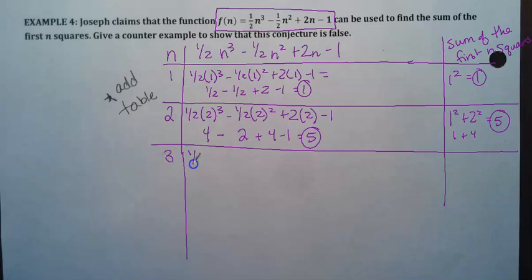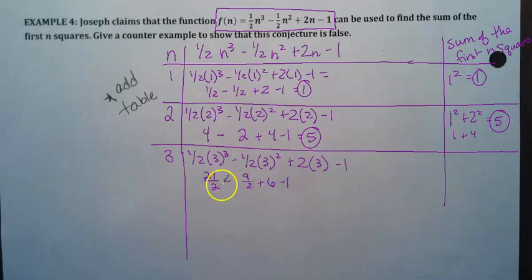All right, so we're going to have 1/2 of 3 cubed minus 1/2 of 3 squared plus 2 times 3 minus 1. Okay, 3 cubed is 27. All right, so half of 27 is just going to be 27 halves. I'm going to leave it. 3 squared is 9, so 1/2 of 9 is going to be 9 halves, plus 2 times 3 is 6, minus 1.